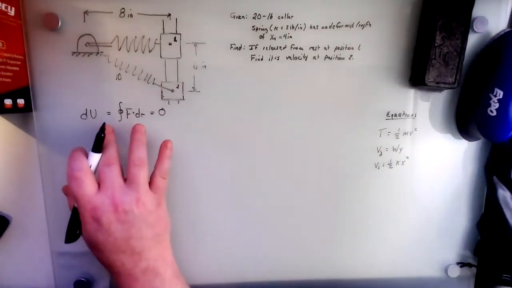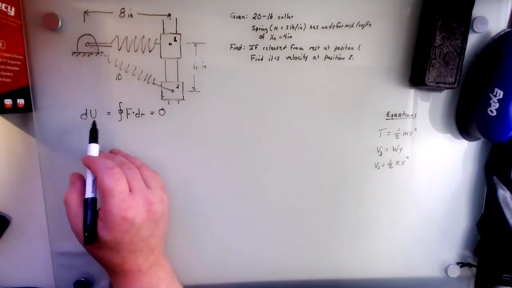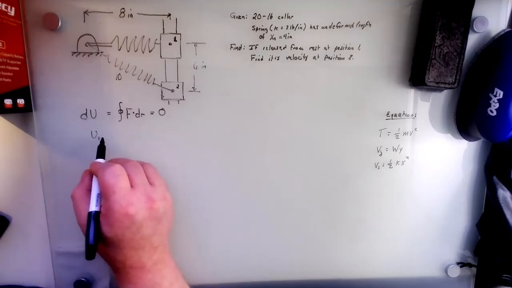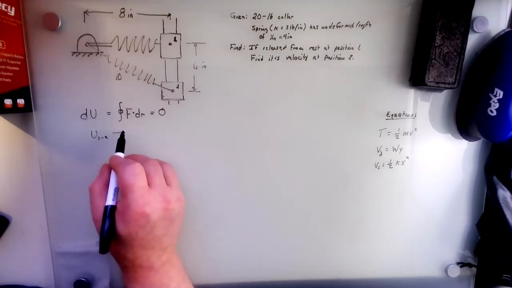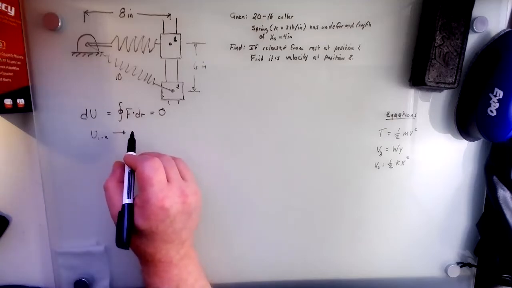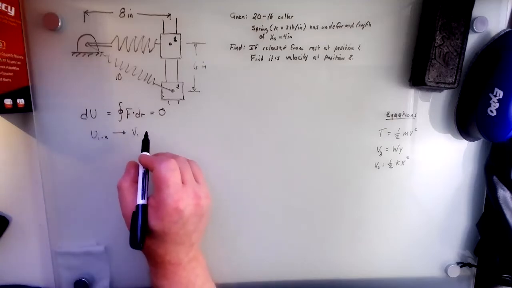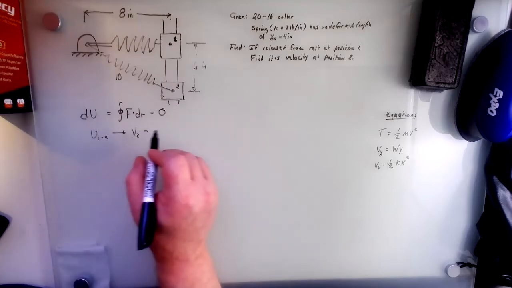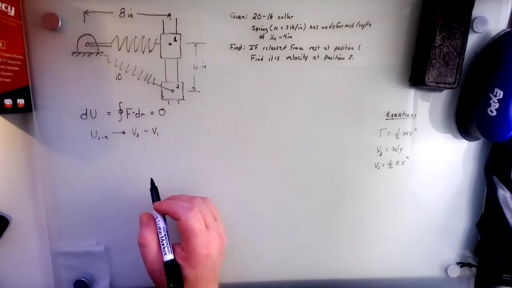So when we solve this, instead of getting this equation that has U 1 to 2, essentially what we're doing is we're saying 1 to 2, we're going to split that up, and it means the same thing, but we're going to split it up and be a little more general. We're going to say V2 minus V1, right?